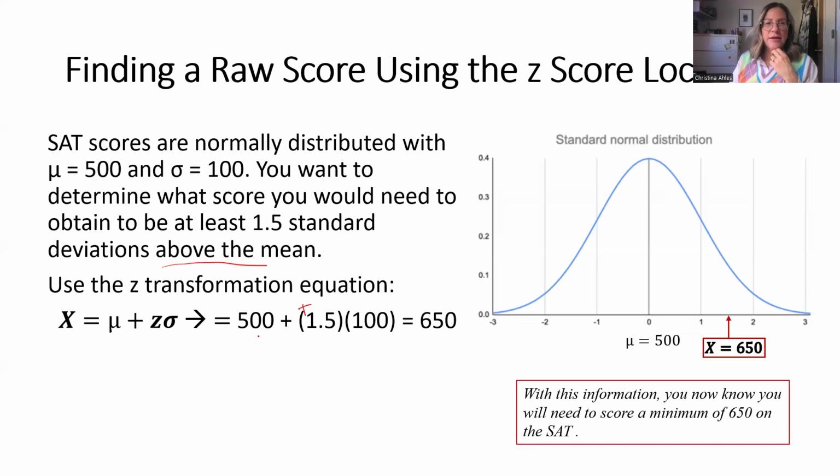So we would just plug in 500 plus 1.5 times 100. Remember, multiplication comes first, so this gets done first. So you would need to score 650, and here's where your score would be located in that distribution. So now you know what you would need to score to be at 1.5 standard deviations above the mean. Kind of working it backwards.